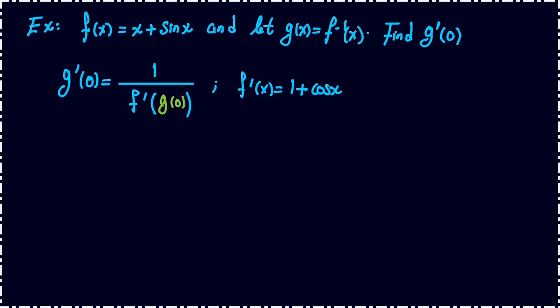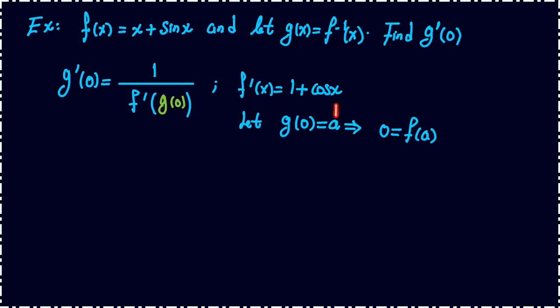So what you're going to do as before is to let g of 0 equal a. Therefore, 0 becomes f of a. So once again, 0, which is the input of the inverse, is now the output of the function.